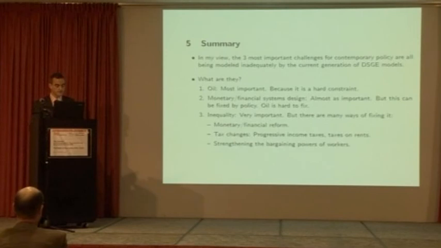Tax changes, like more progressive income taxes, which are not necessarily distortionary, like recent research has shown, and taxes on economic rents, which is completely neglected in the current debate among mainstream economists, that you could tax rents in order to finance a lowering of labor income taxation and thereby to increase the income of the bottom 95% in relative terms. Or you could directly strengthen the bargaining power of workers.